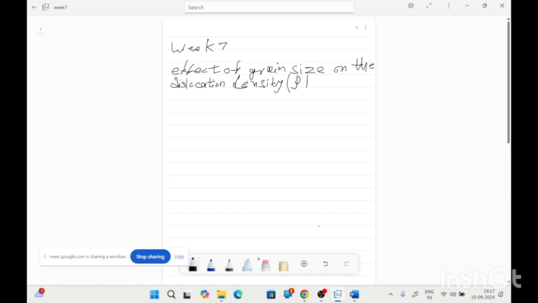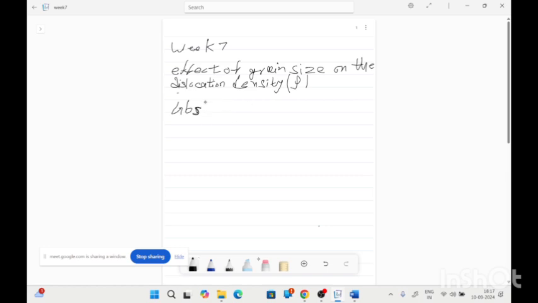So this method says that the grain boundaries themselves act as the dislocation source, because the grain boundaries are the region between two grains which has the highest misorientation.